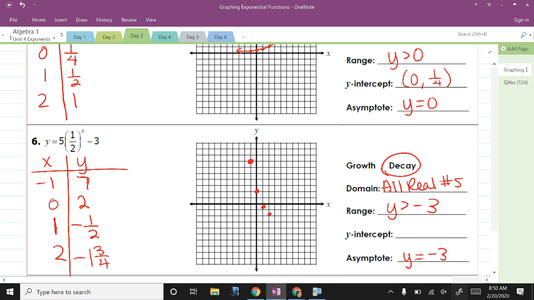Now this is going to keep going down, even though we don't have it going all the way down to -3. It's supposed to. We could put in another exponent if you wanted to show, but it's never going to cross -3. So my y-intercept is 0, 2. And you can get that from your table. Okay? So you can actually get all of this.